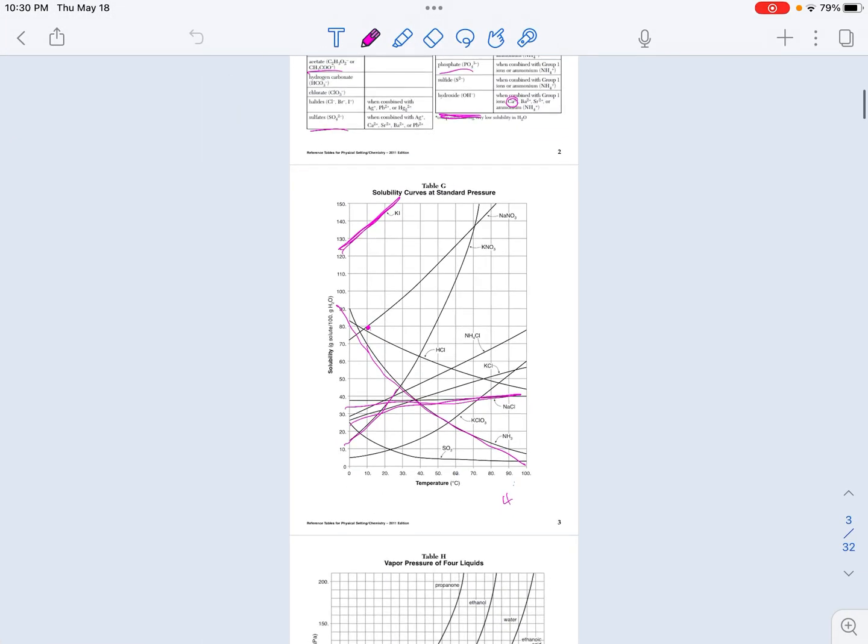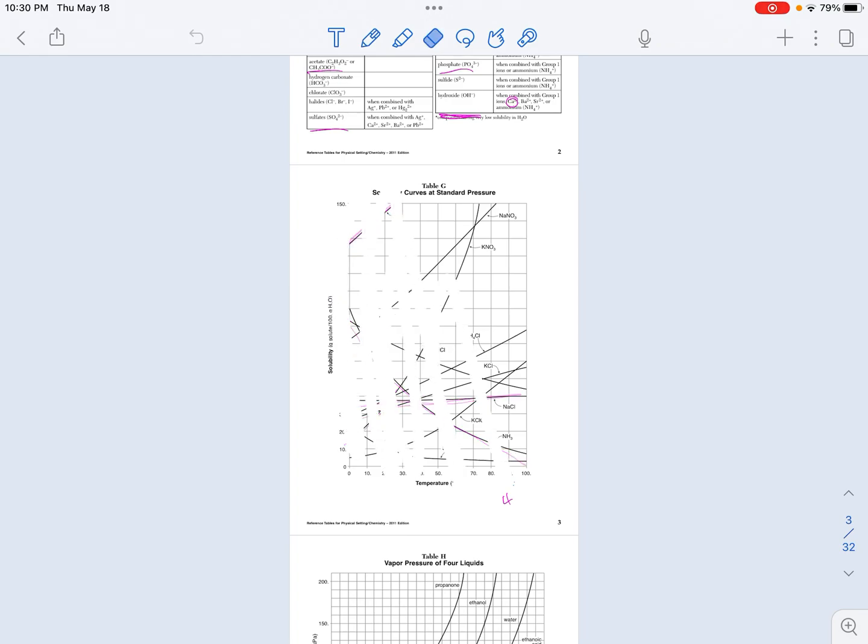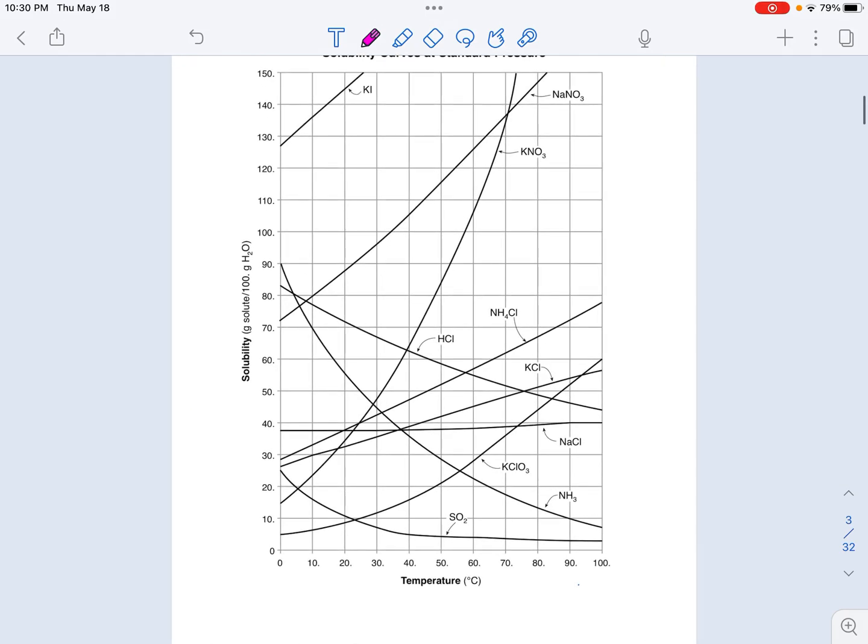I have to erase all this. Okay, so it says 80 grams of salt at 40. So 40 and 80 is right here. So we want this to be under the curve. So KCl is here.